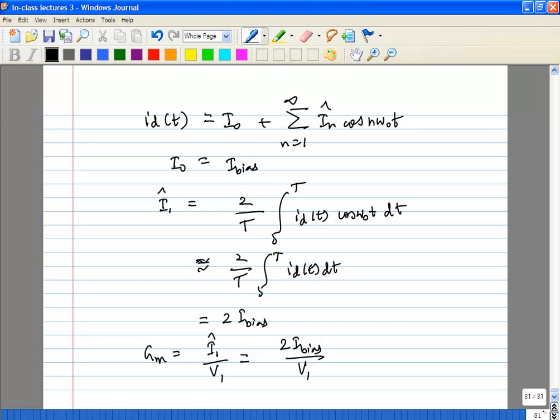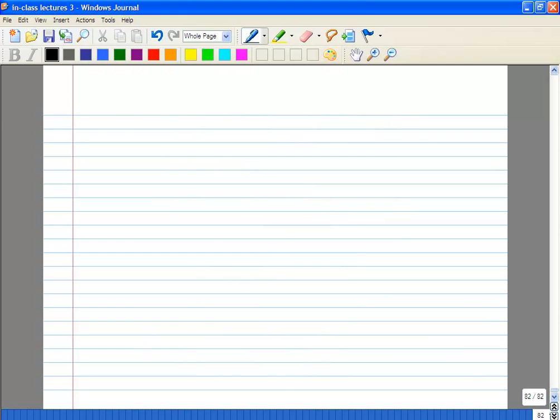Okay. This is the large signal transconductance. So remember, for a long channel transistor, the GM was 2 ID over VDSAT, right?